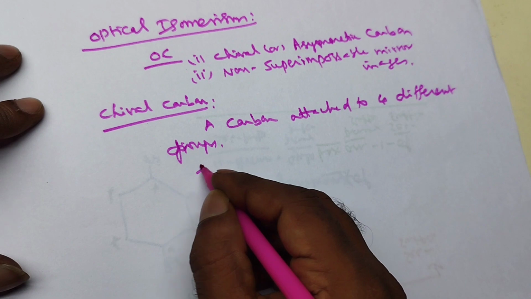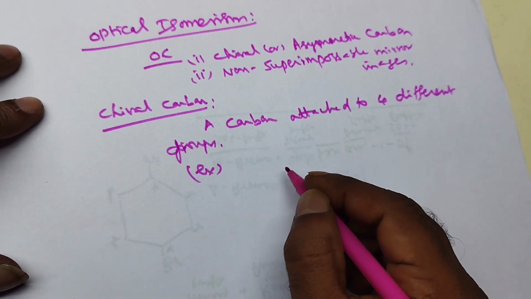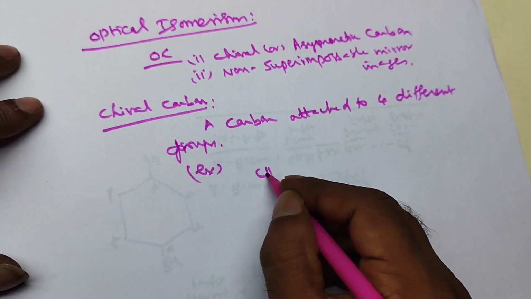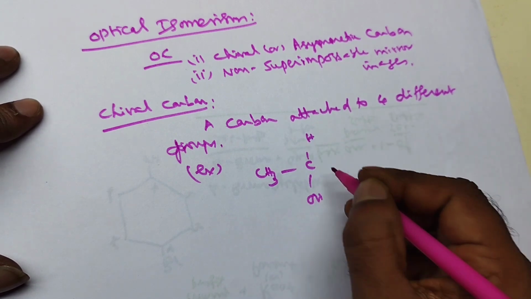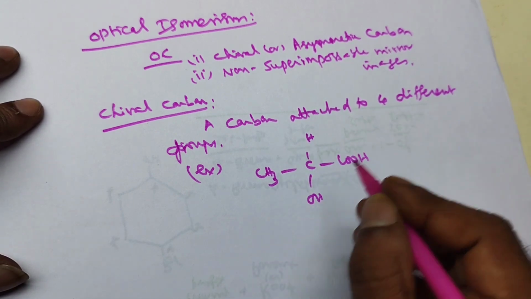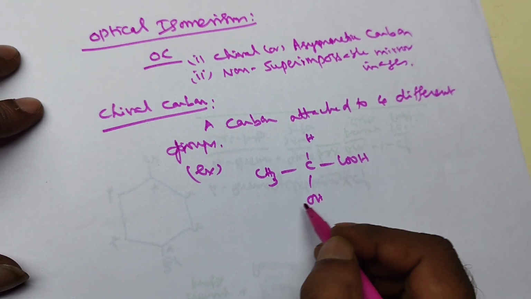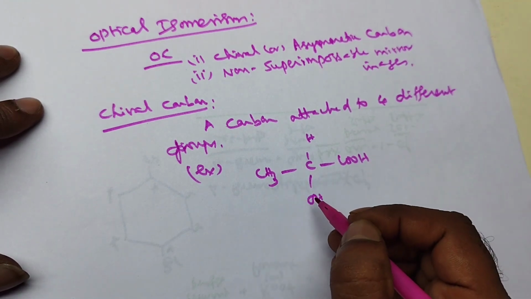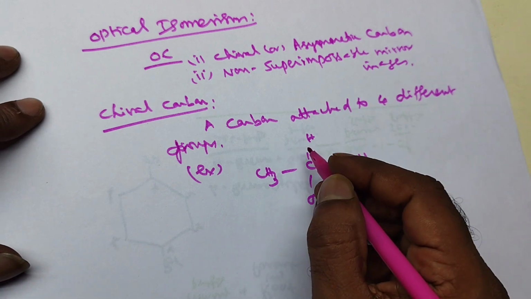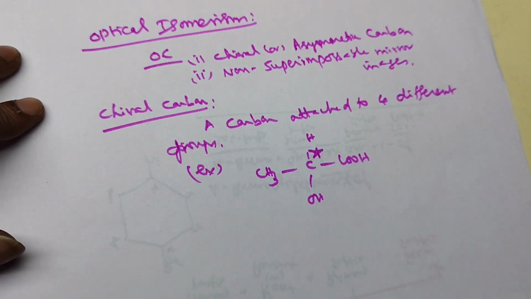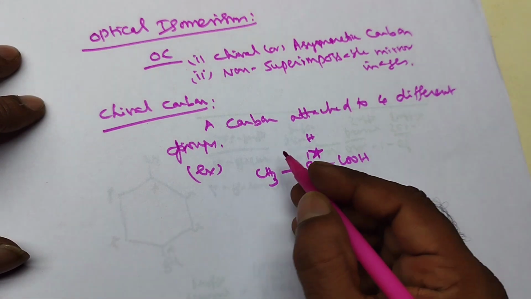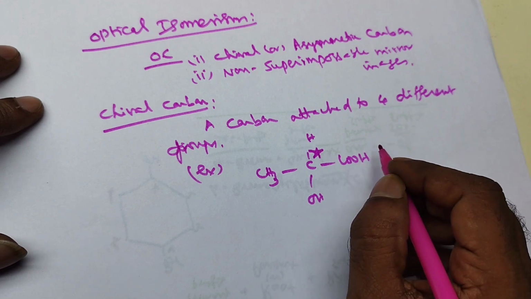I will give an example: CH3-CH(OH)-COOH. This carbon atom is attached to four different groups: CH3, OH, COOH, and H. This carbon, marked with an asterisk, is a chiral carbon. Then this compound will show optical isomers.